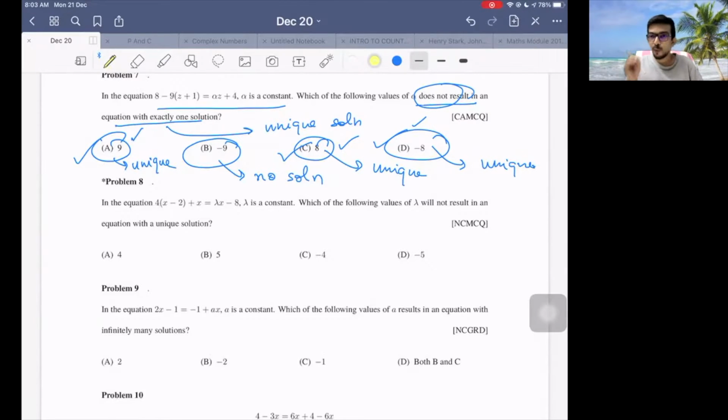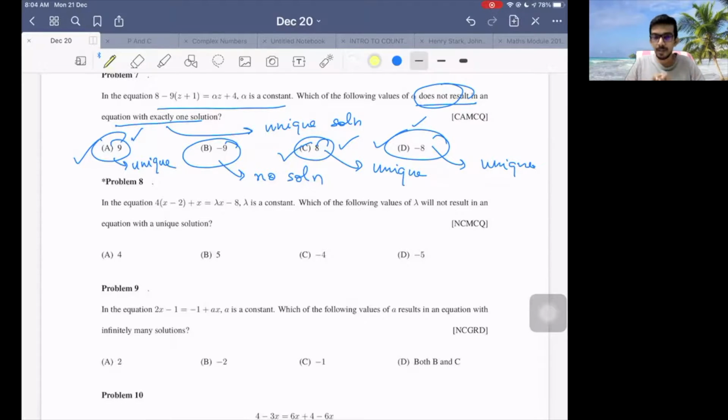We know that is a linear equation in just one variable x, and lambda is given to be a constant, and we have to choose that value of lambda in such a way that the given equation will not produce a unique solution, right?